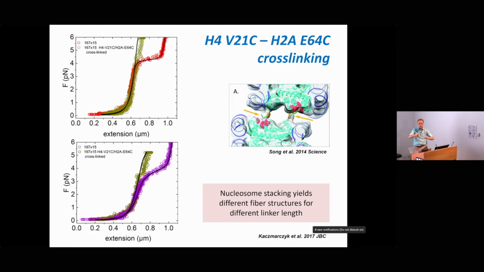And what happens then is basically nothing for the structure. You just get overlapping data, but there's not this overstretching transition. We make covalent links of stacked nucleosomes. So we are very confident that this overstretching transition can be assigned to unstacking of nucleosomes.